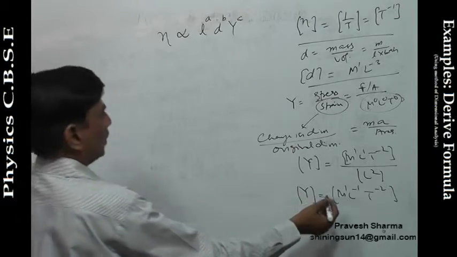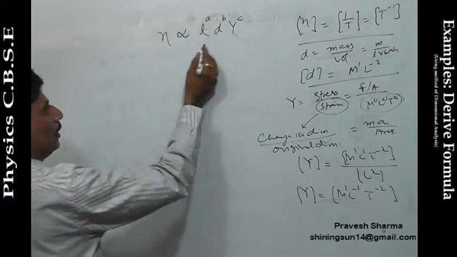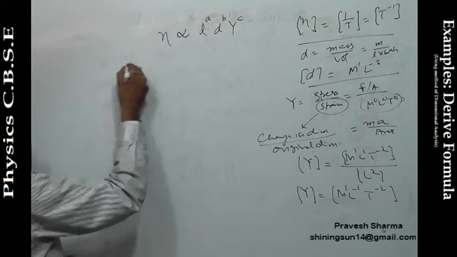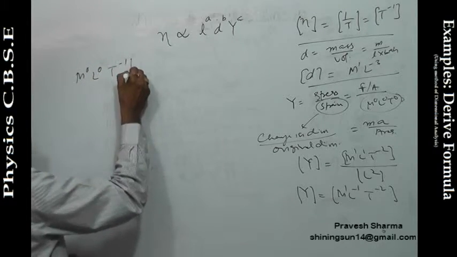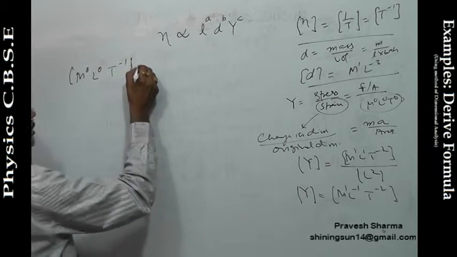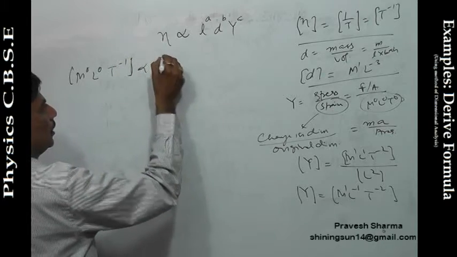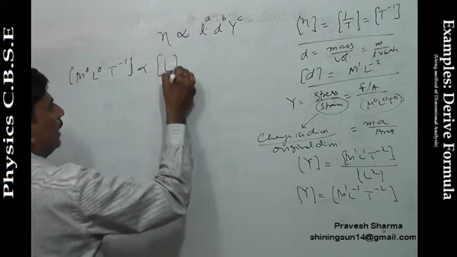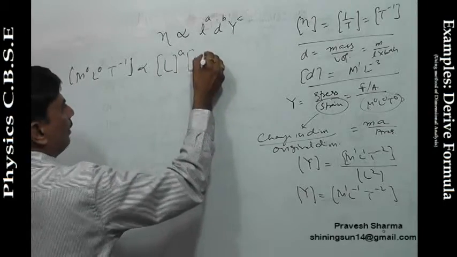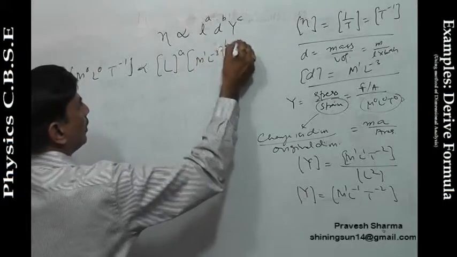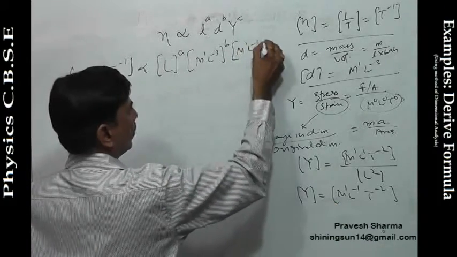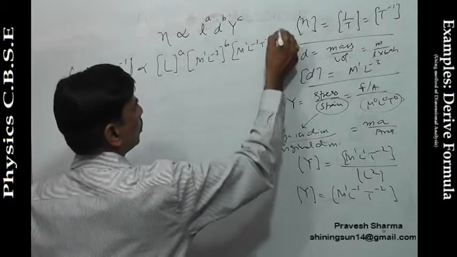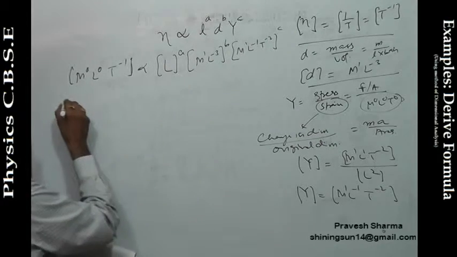So what we do next is we put the dimensional formula in this expression. It is M0, L0, T minus 1, the dimensional formula for frequency, is proportional to L to the power A, density M1 L minus 3 raised to power B, and Young's modulus M1 L minus 1 T minus 2 raised to power C. Now we open the brackets.